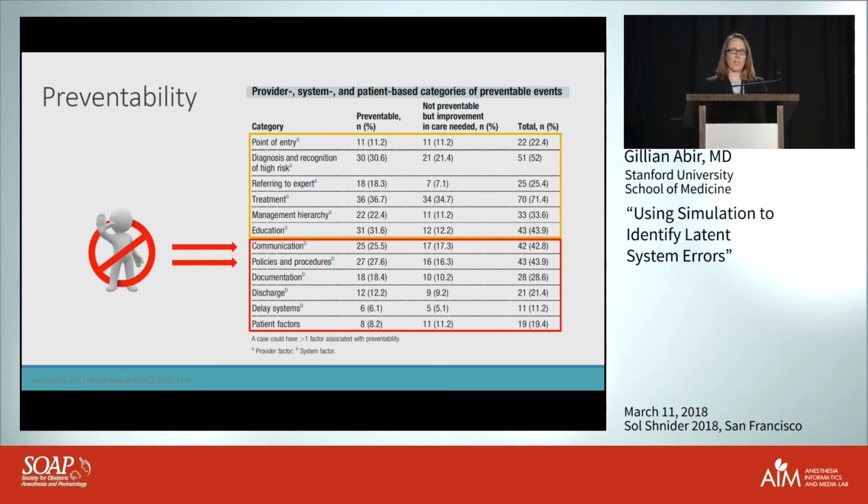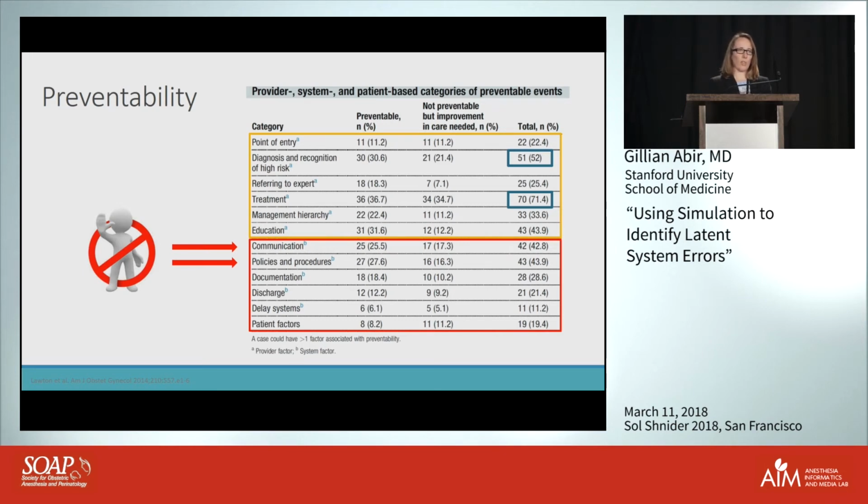So they had 39% of their patients had preventable harm, and 37% had not preventable, but improvement in care was needed. So from the provider factors, the most important or leading factors were poor diagnosis and recognition of high-risk patients.